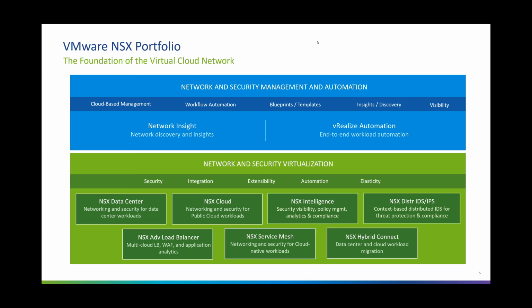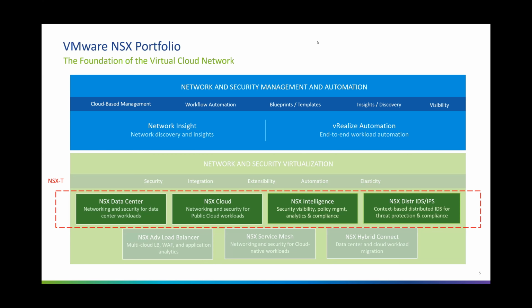There's another new feature that's built into NSX-T, which is NSX Intelligence, which is a really cool feature. It builds on the concepts of vRealize Network Insight, specifically for applications, and gives you the easy button to build those firewall rules. And now a new feature recently announced is the NSX Distributed IDS/IPS feature, which is going to be built into NSX-T.